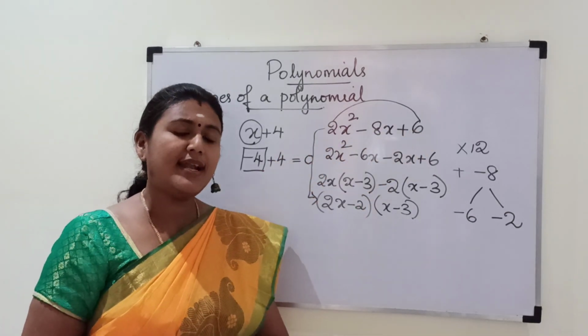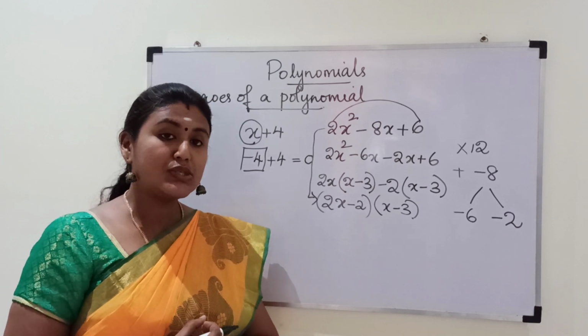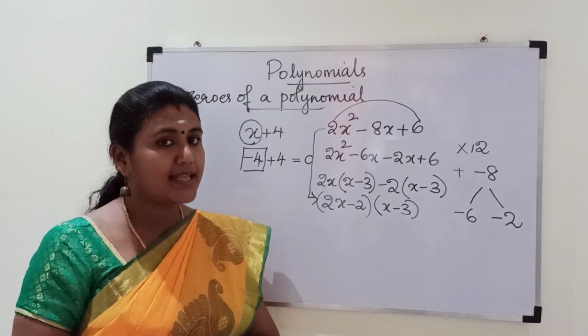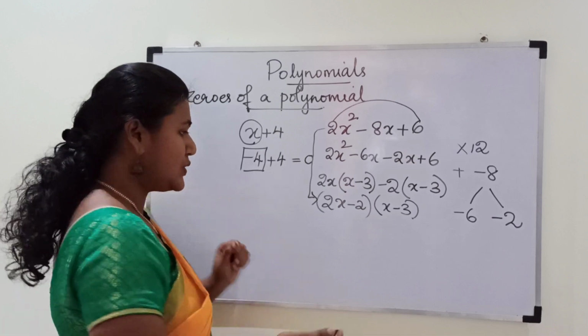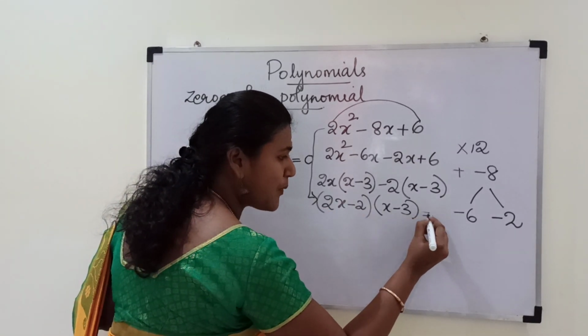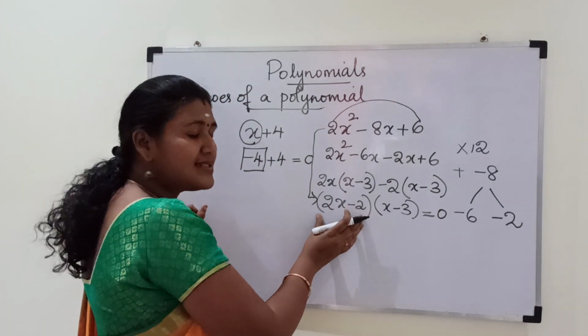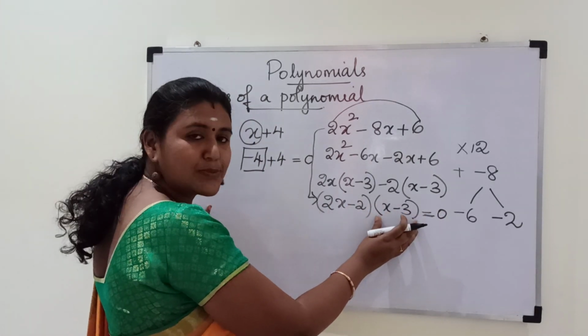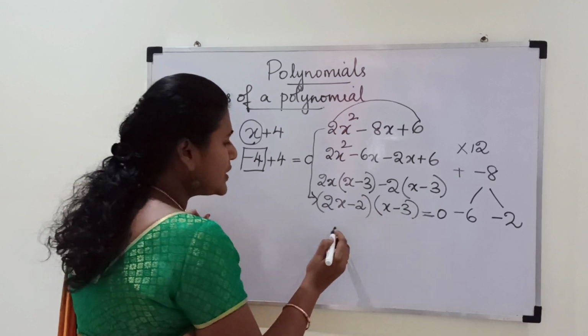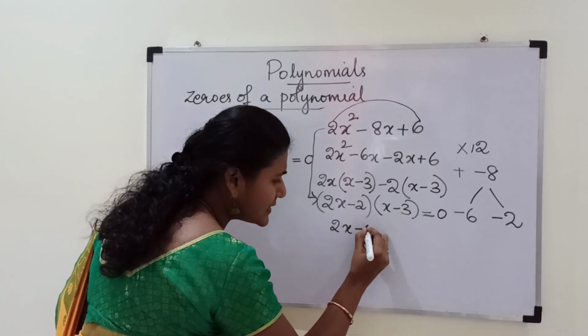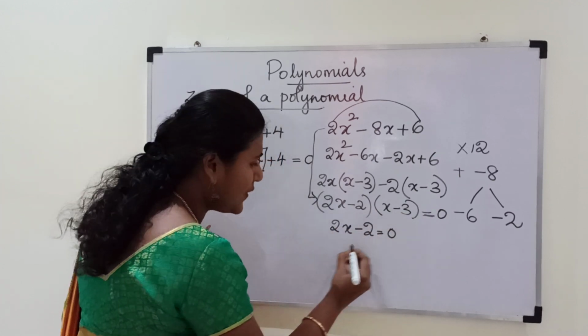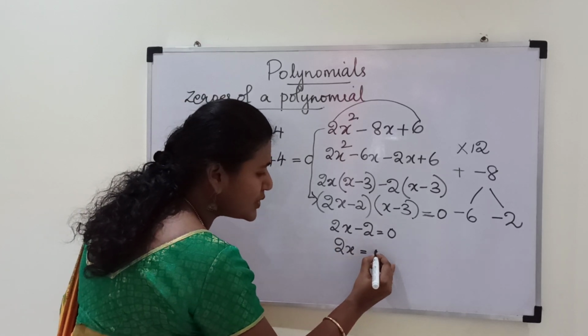Now you know that the zeros are values of x which make the polynomial 0. So we will equate this polynomial to 0. So what is its meaning? Either this factor is 0 or x minus 3 is equal to 0. So we will take 2x minus 2 is equal to 0. That is 2x is equal to 2.